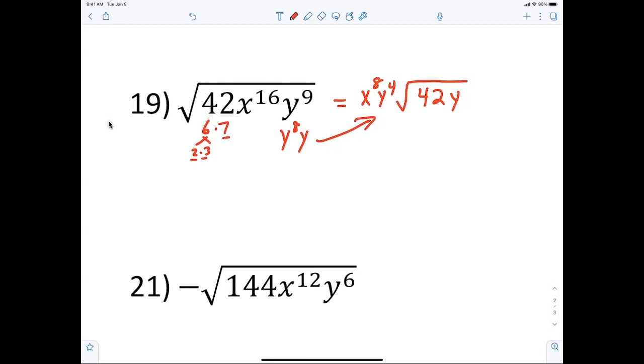Ava, how am I doing? Just good? Okay. You got to speak up, girl. Come on. What about the y to the 9? Most people think that's a perfect square because 9 is a perfect square, right, but it's not if it's an exponent.